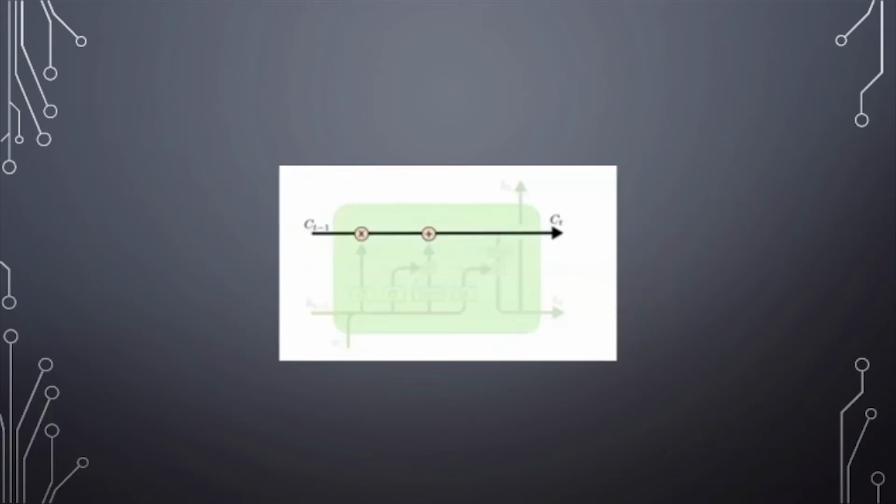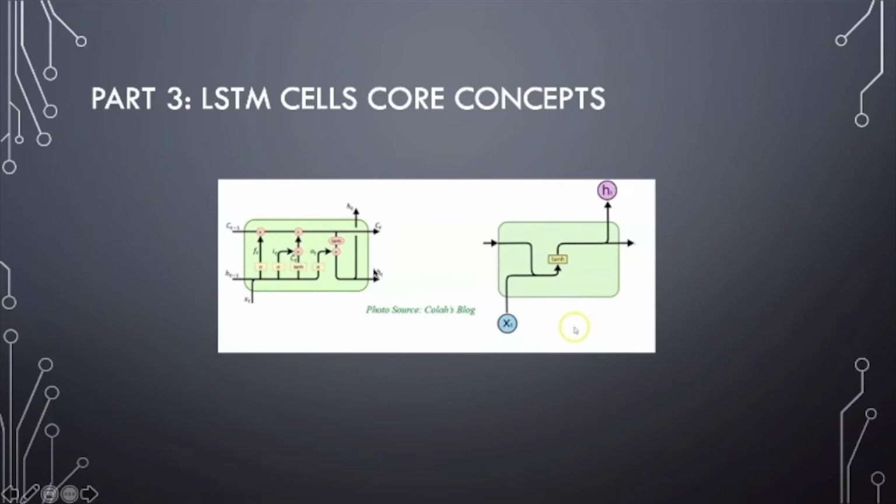If I show you this image, you can see that C is what we're focusing on, and it is a straight line. It goes straight forward. But all the other stuff that's happening behind the scenes is a hidden layer. So knowing that this is a hidden layer allows us to understand what actually is happening.